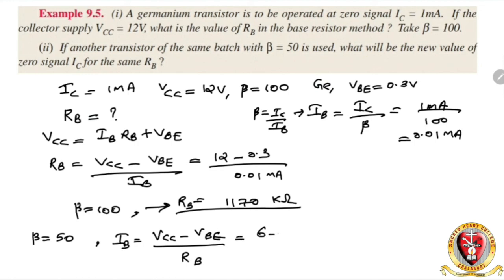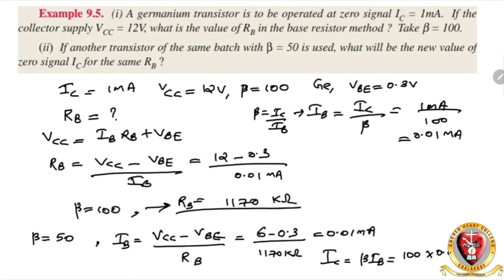So that is 6 minus 0.3 divided by RB, which is 1170 kilo ohm. So that is 0.01 milliampere. So the IB value is obtained. Then IC is equal to beta IB.